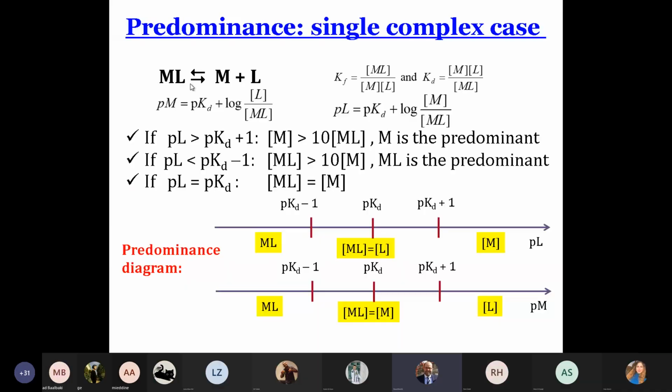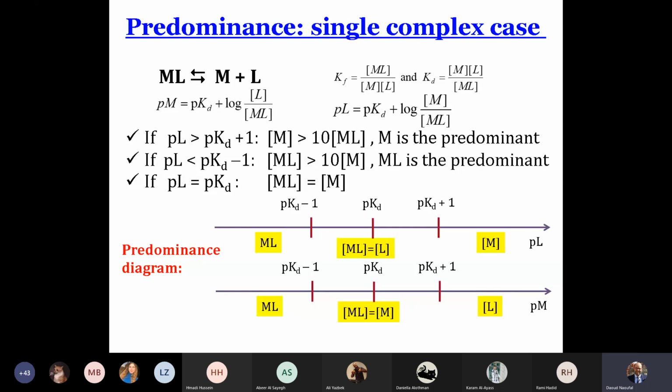So we return to the domain of predominance. We did the analogy between acid, base, and complex. The characteristic in the acid-base is Ka, the characteristic in the complex is Kd.